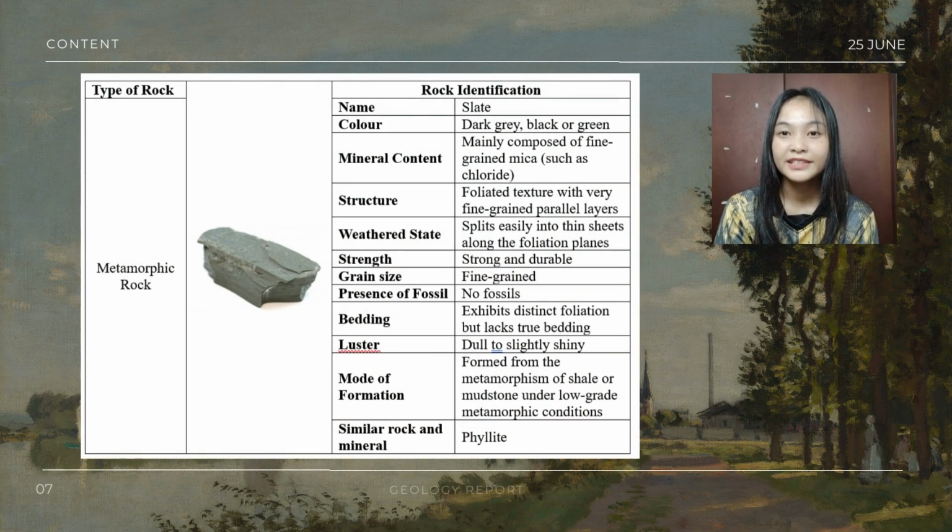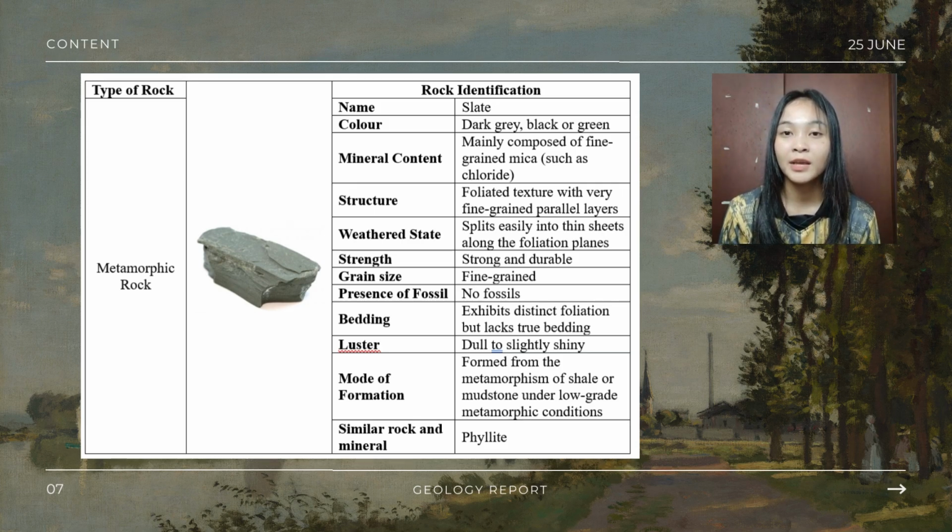In Sarawak, slate is an example of a metamorphic rock. Typically dark gray, black, or green, slate is mainly composed of fine-grained mica, quartz, and occasionally graphite. It has a foliated texture with very fine-grained parallel layers, allowing it to split easily into thin sheets along these planes. Slate is relatively strong and durable, fine-grained and lacks fossils.